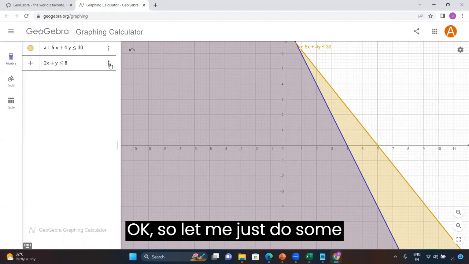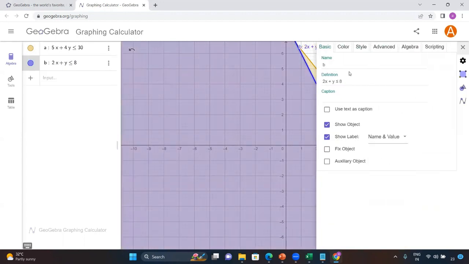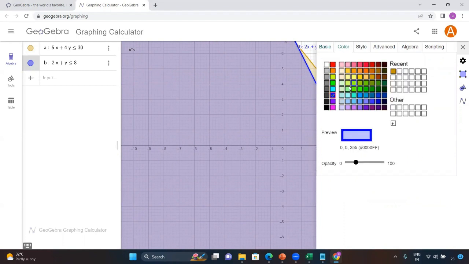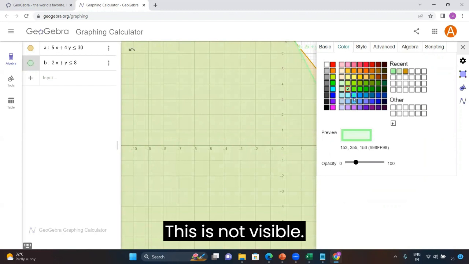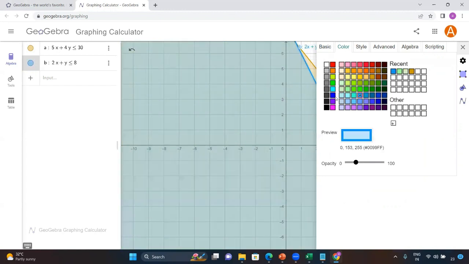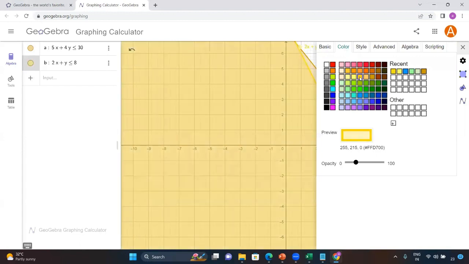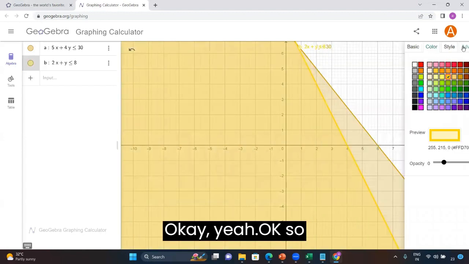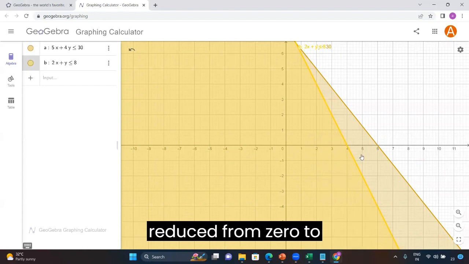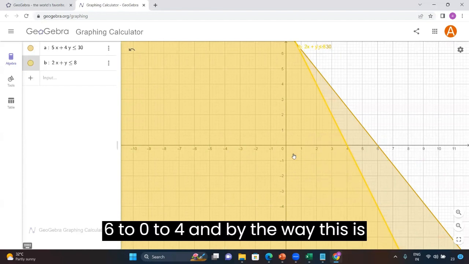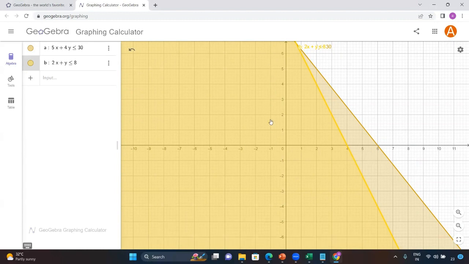Let me just do some changes in the color. This is not visible. This is visible. Now you can see our solution area got reduced from 0 to 6 to 0 to 4. And by the way, this is the x-axis and this is the y-axis.